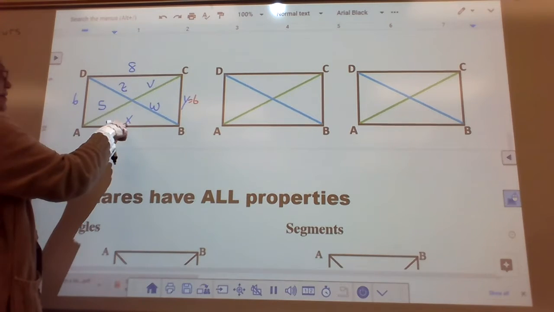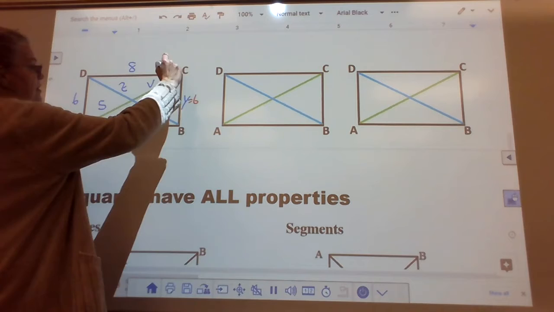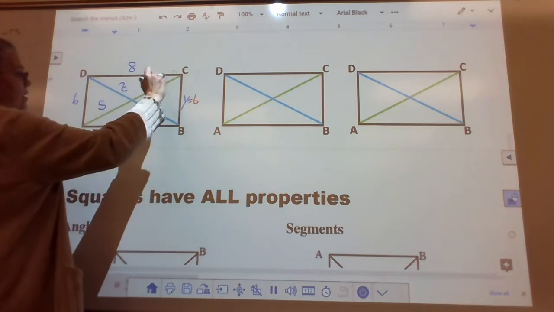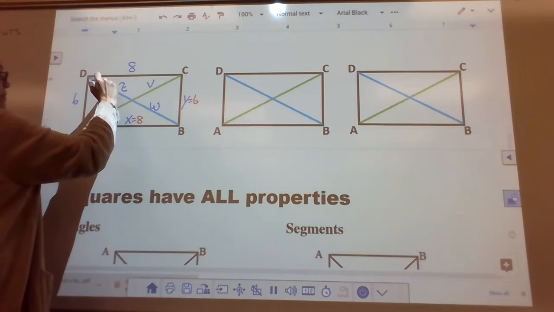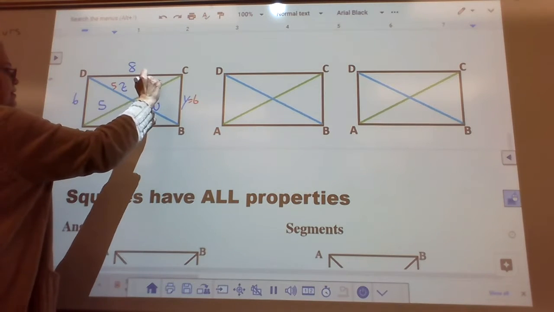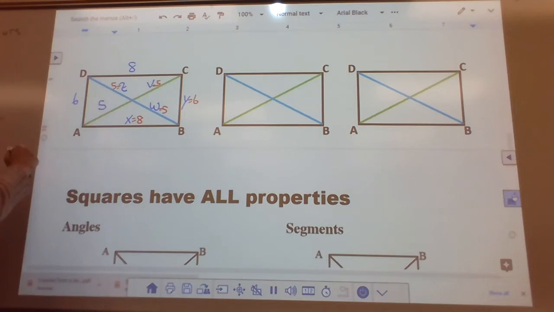If this is 8, this is 8. Same as any parallelogram. That's true for any parallelogram. With a rectangle, we know these diagonals are going to be congruent. So this is 5. Every single one of these segments will also be 5. So all of these are going to be 5s.